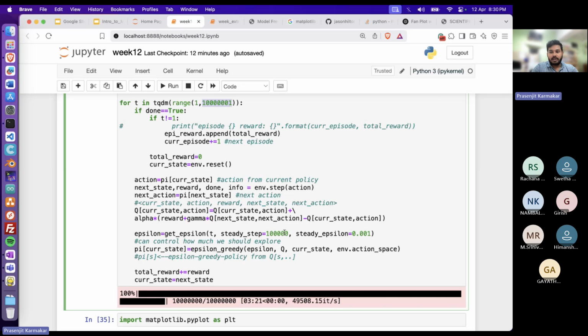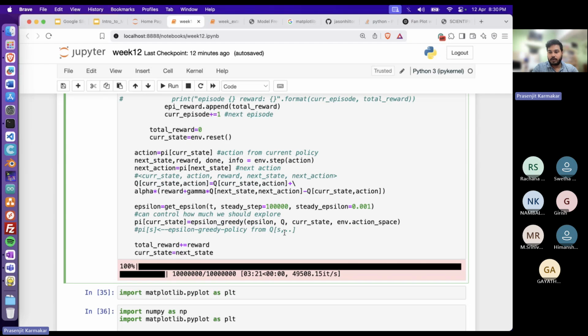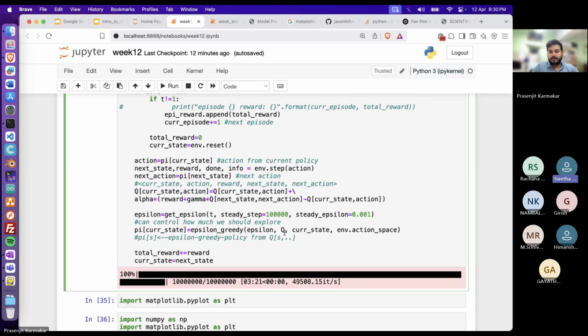When you know the P matrix and the R matrix, then you can have an optimality proof that whatever I am converging to is the optimal value function, or the optimal Q function. But in case of a model-free setting, you cannot guarantee that whatever Q function you converge to is optimal. So we cannot use this model-free method for optimal control problems.